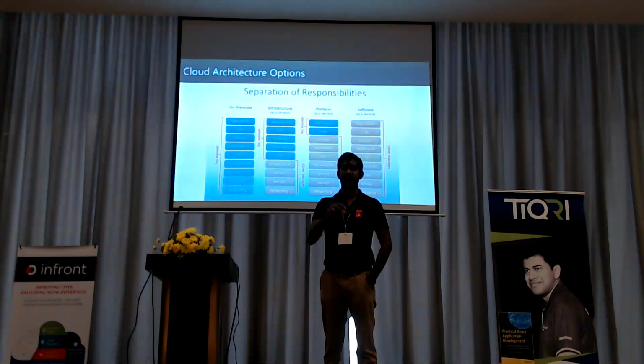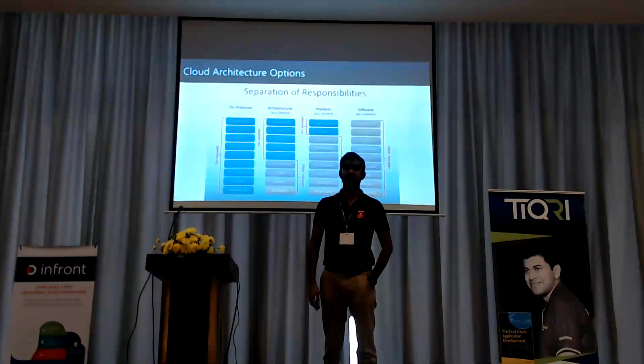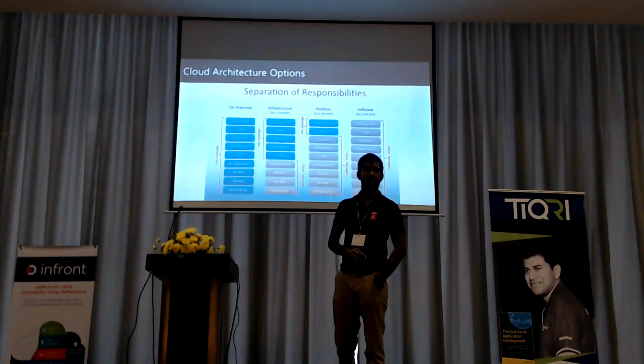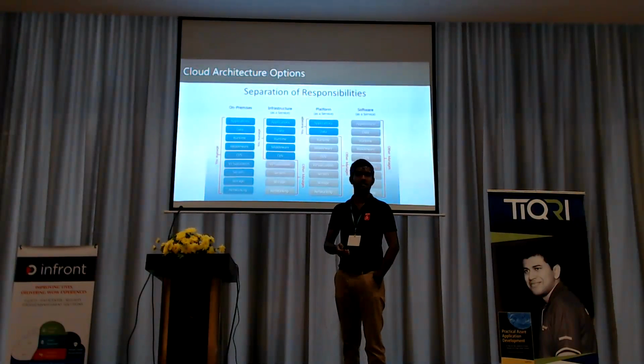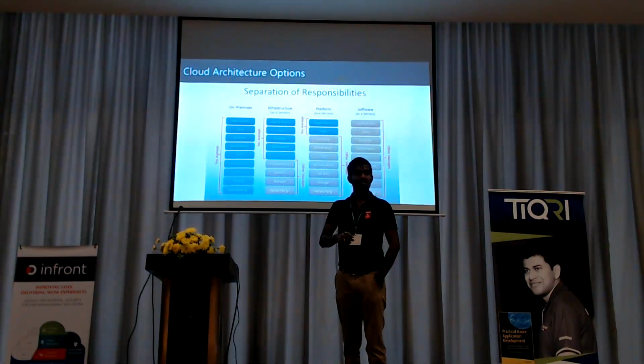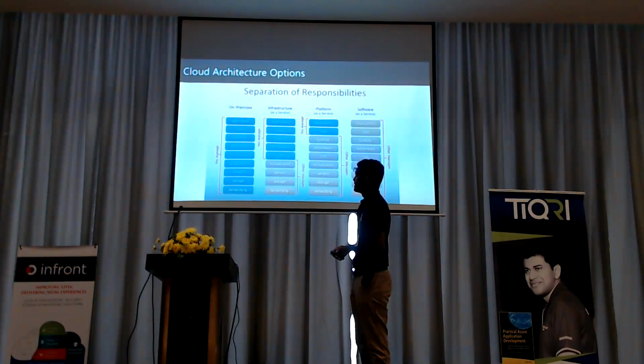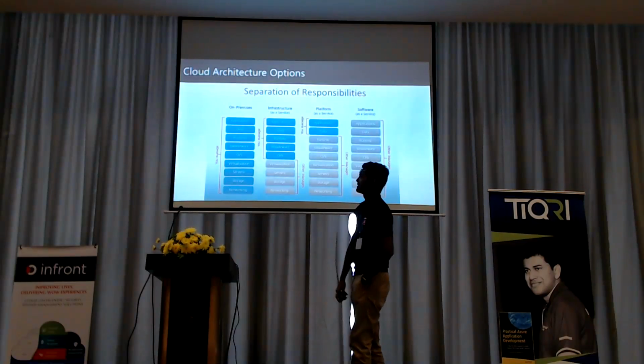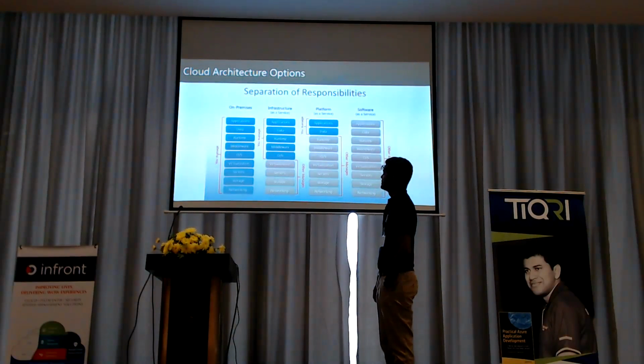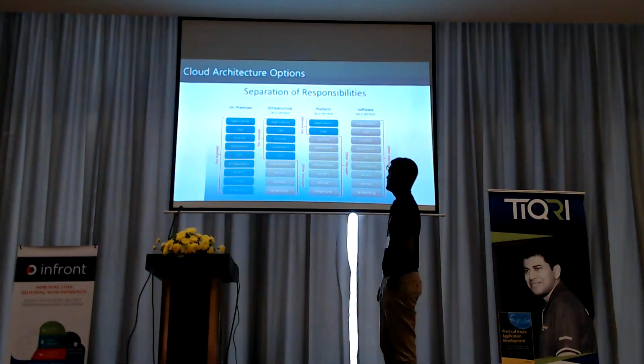If you host SharePoint under the IaaS category of Azure, can you give me an example? Anybody? Virtual machine. Exactly. So virtual machine comes under the IaaS category, right? So you are utilizing IaaS capabilities there.